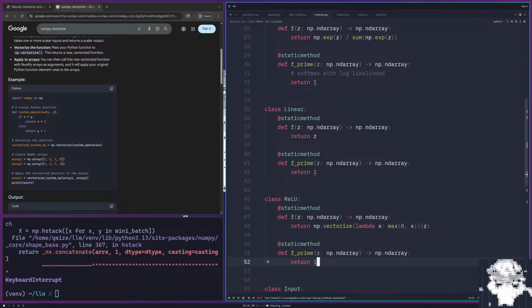Then f prime is basically 1 everywhere that f is greater than 0 and 0 elsewhere. So we can do the same vectorization thing. One if x greater than 0, else 0.